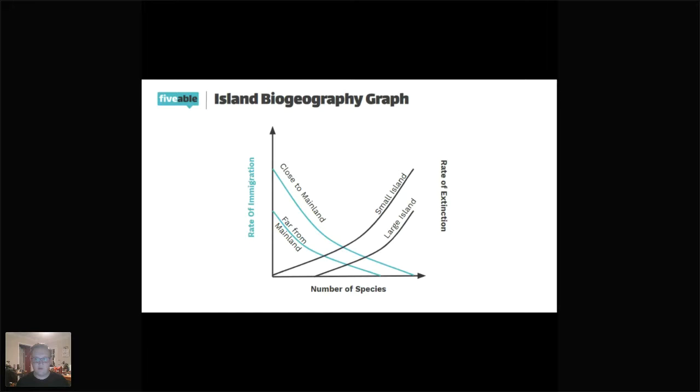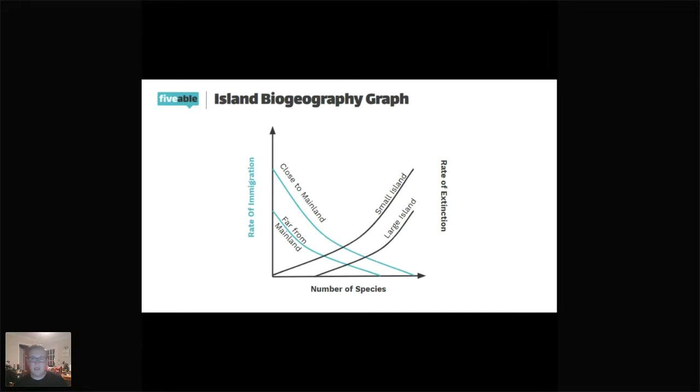Which one has more biodiversity? Yes, it does, because we said that Taiwan had more, large island close to mainland, which is further right, which has a higher number of species, and then far from mainland, small island has less species. And we can tell by where those two lines intersect.